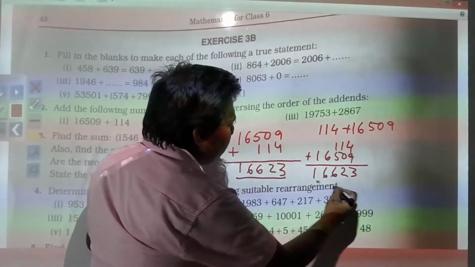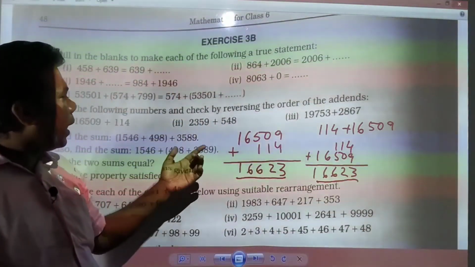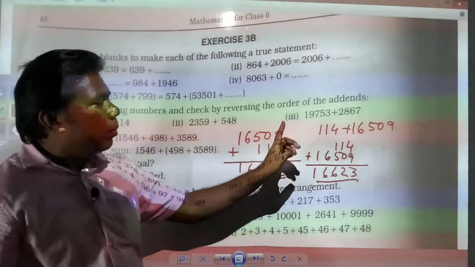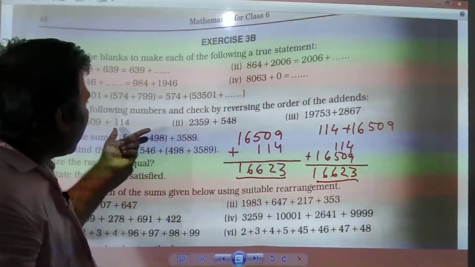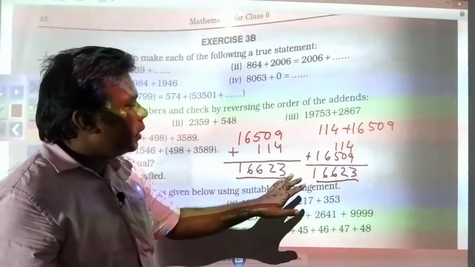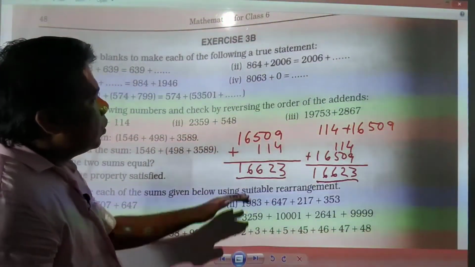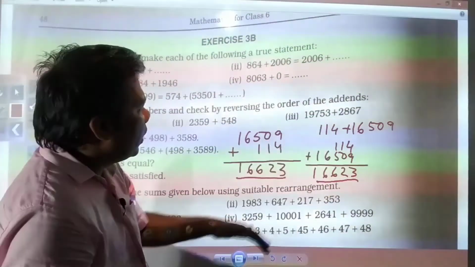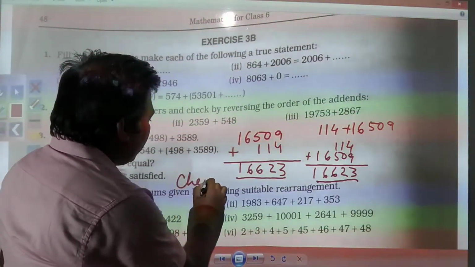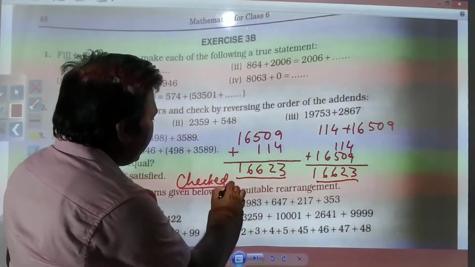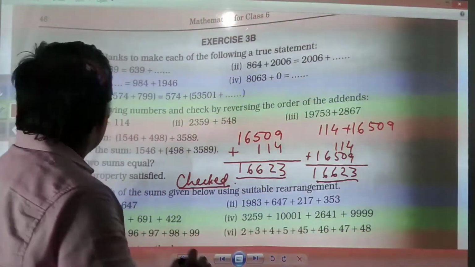So the same sum you are getting. Either you are writing a plus b or b plus a, if you are reversing both the addends, the same sum you will get. So that you had to check. After writing this, you will write checked or verified.